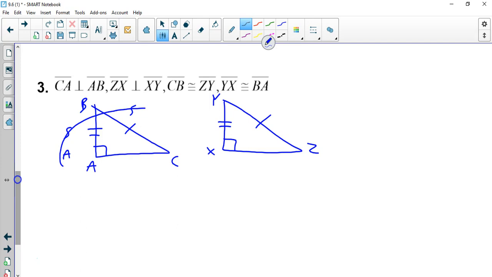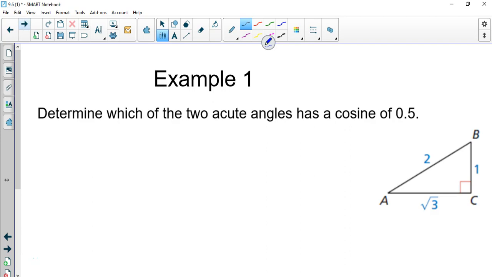And we know we do not have that rule. That's a no-no. But remember, we always have to second check when we have a right angle. Here we have the hypotenuse, and here we have a leg. So the answer is yes by hypotenuse leg theorem. So always remember to check yourself.